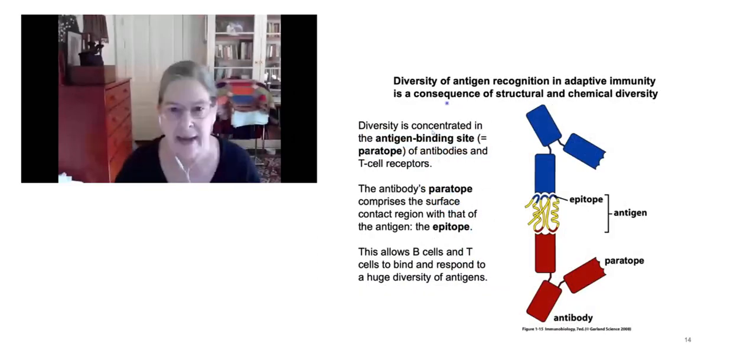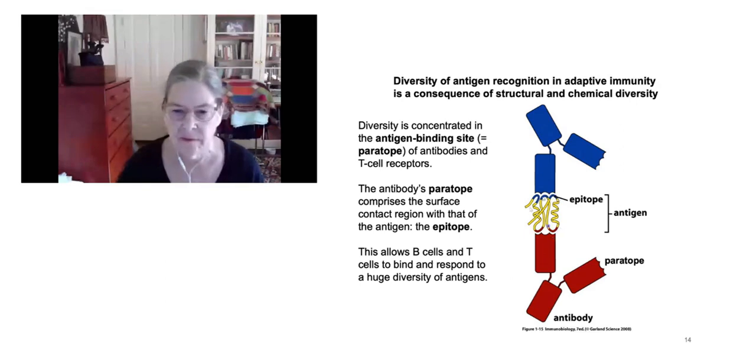Now, what do they bind to? Well, the antibodies and T cell receptors, but this is just a picture of an antibody, bind through the antigen binding site, which is called a paratope, and it binds to a thing called an epitope. So that's just the contact region between the two things.